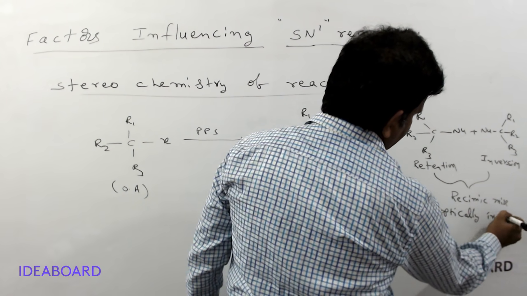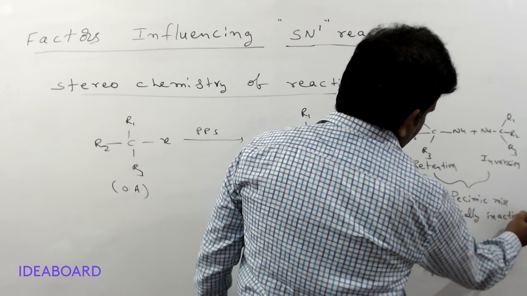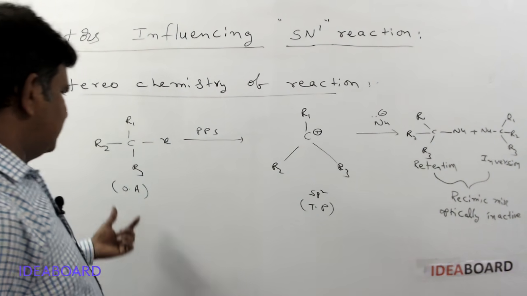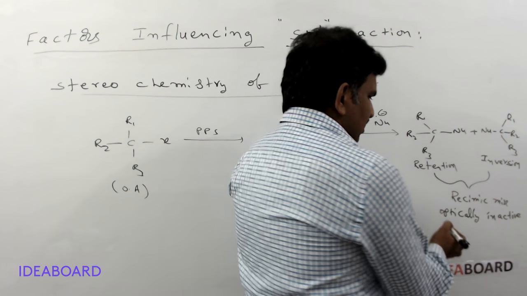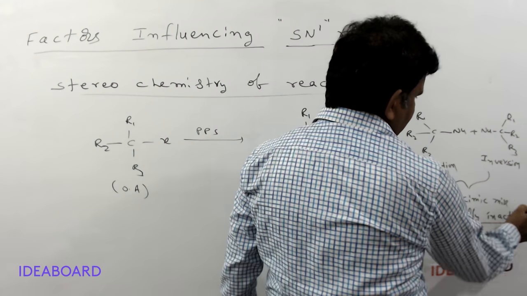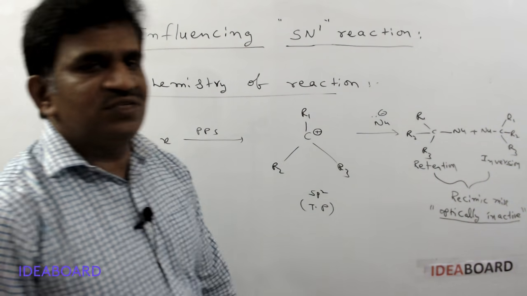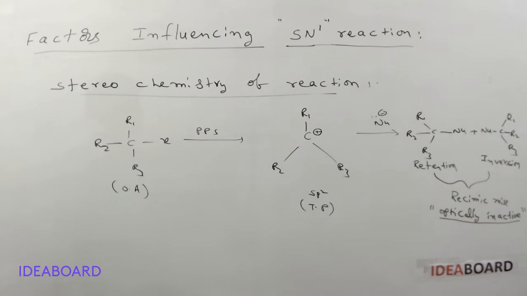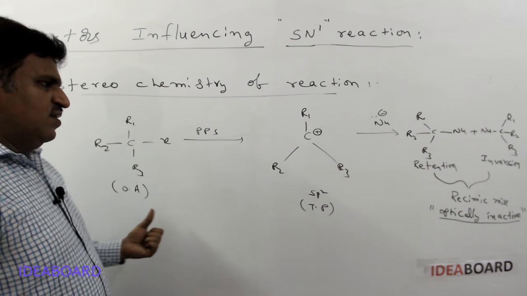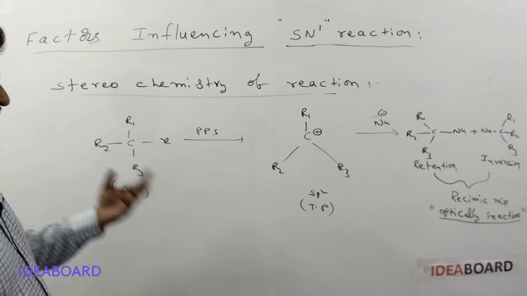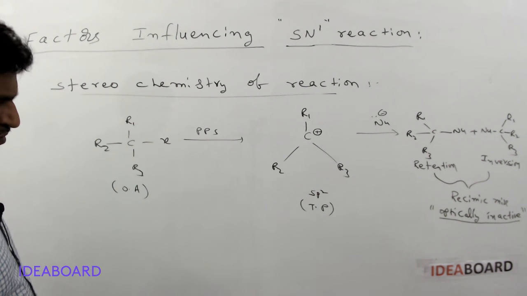Optically inactive. So an optically active stereoisomer is converting into an optically inactive compound. Please remember, very important: an optically inactive compound is not a stereoisomer. So we can ask whether this reaction is stereospecific or stereoselective.